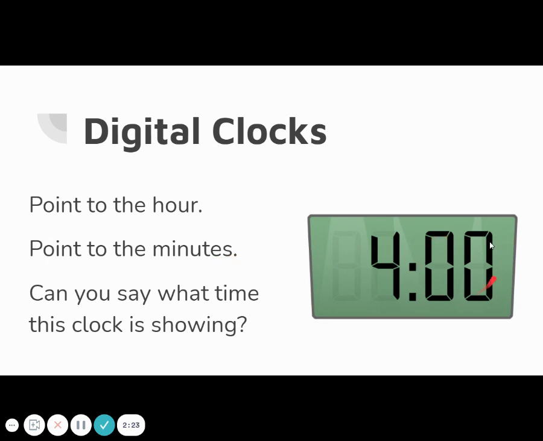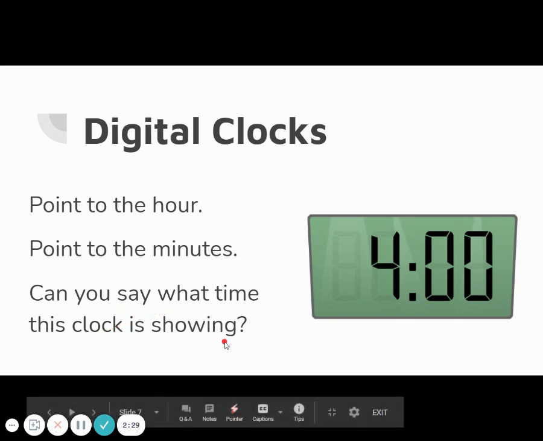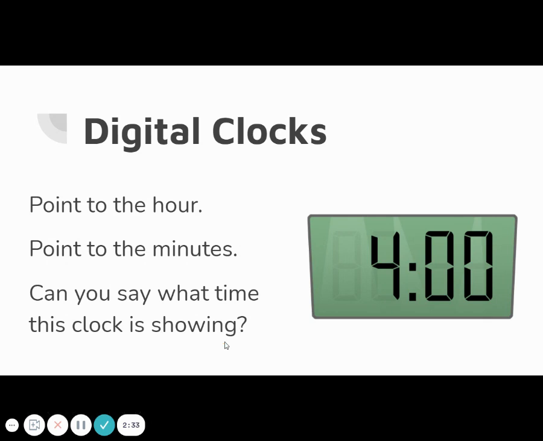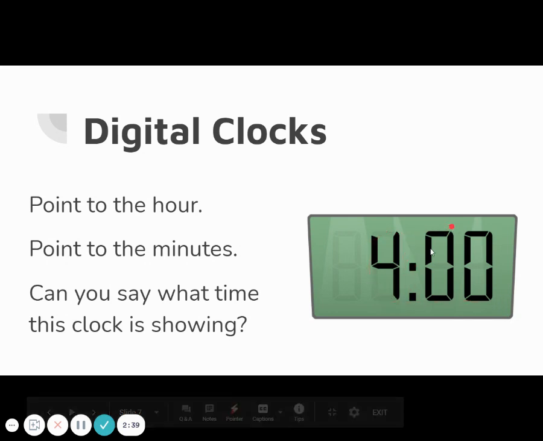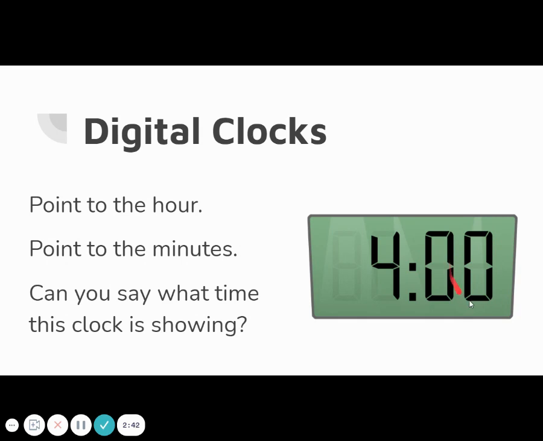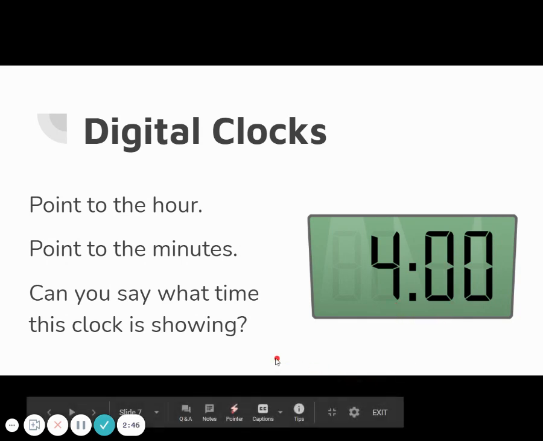You should be pointing to these zeros. Good job, these are the minutes. So can you say what time the clock is showing? You should have said it is 4 o'clock because the hour is at 4 and the minutes are 00. So when it's at 00, we say o'clock, 4 o'clock. Good job, friends.